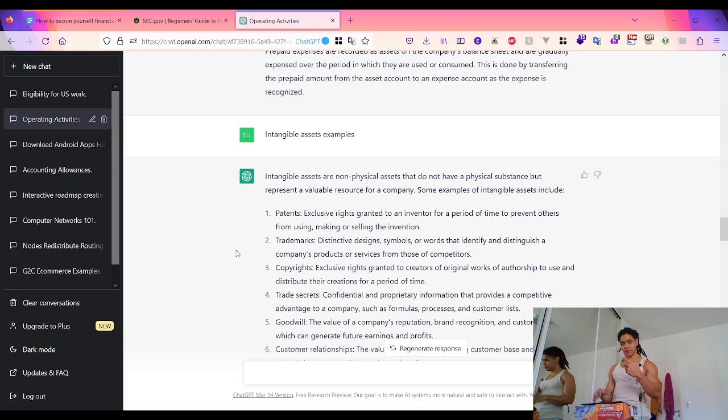And then you have trademarks, symbols, words, and designs that distinguish this company from the competition.